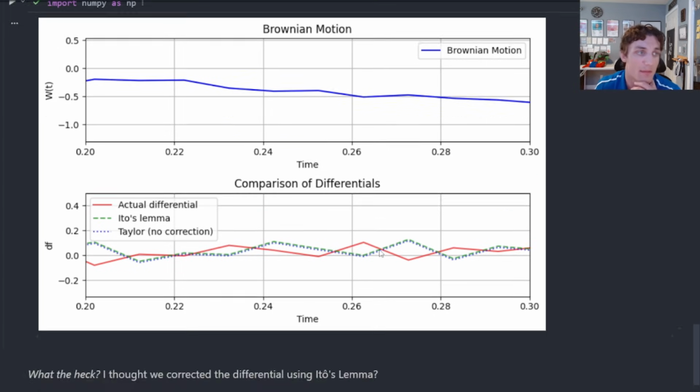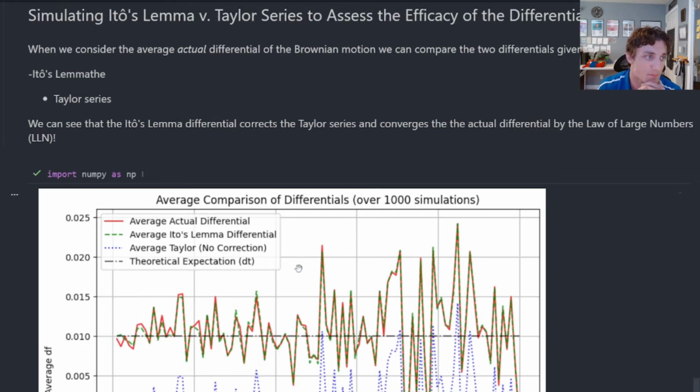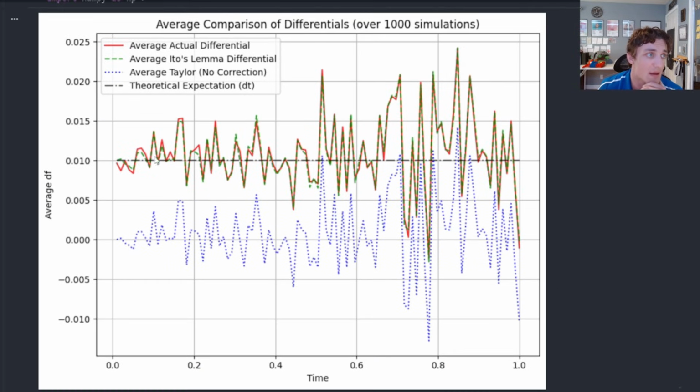And I've done that below in this chart. What I've done is I've compared the differential for over 1,000 simulations of the Brownian motion, and you can see that the red line is the average actual differential, and the green dotted line that tracks it almost perfectly is the Ito's lemma differential.